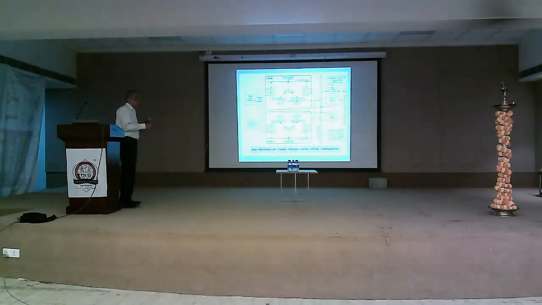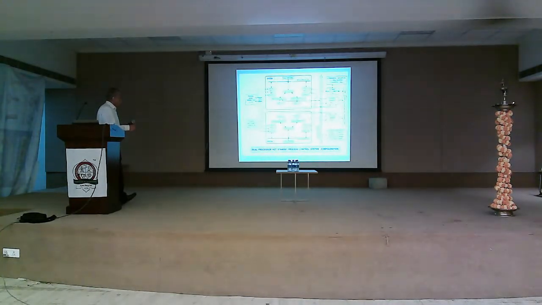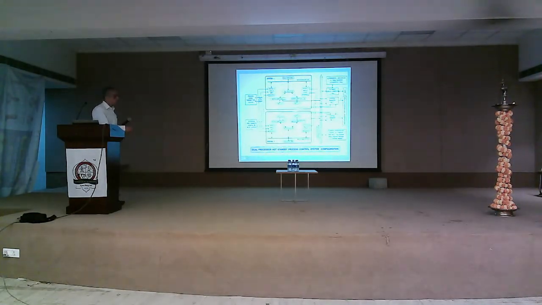If somehow microcomputers of system 1 find that their outputs are not matching, then this watchdog timer alarm will cause the control transfer unit to change, and this connection will get changed to this. So now all the 1 to 10 and 11 to 20 outputs will be controlled by this system. So if this fails, this takes over. If this fails, it is hot standby, because both are working continuously.